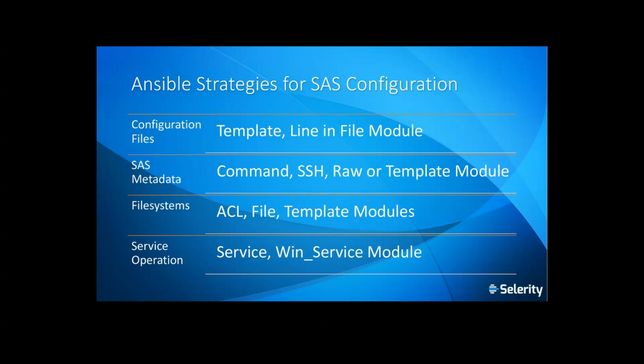The lineinfile module is useful for when you want just a minimum set of requirements in your configuration. Once again, if we think about the app server autoexec or the sasv9 file, we might always want to have, like in sasv9 config, the noxcmd option in there. And we want to make sure that if anyone goes in manually and changes that, we can go back and change it.